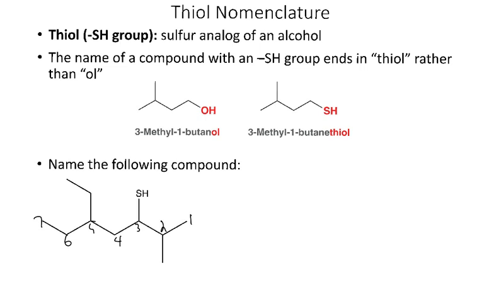And so the name of my compound is going to be, I need to put the ethyl and methyl in alphabetical order, so I'll have 5-ethyl, 2-methyl, 3-heptanethiol.